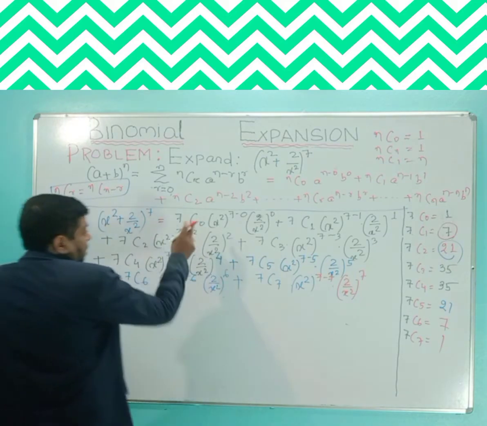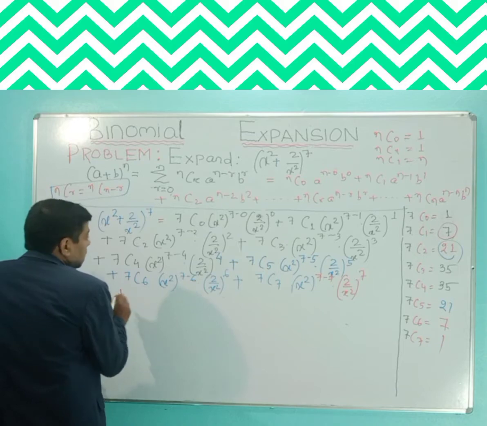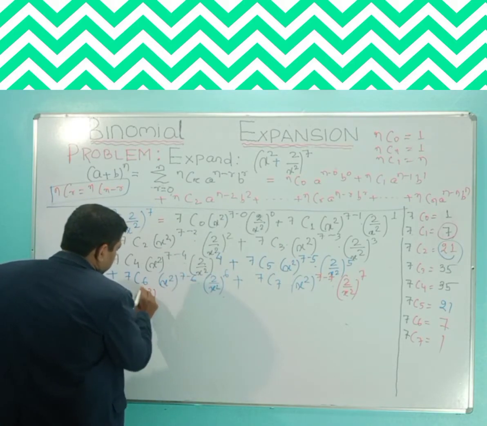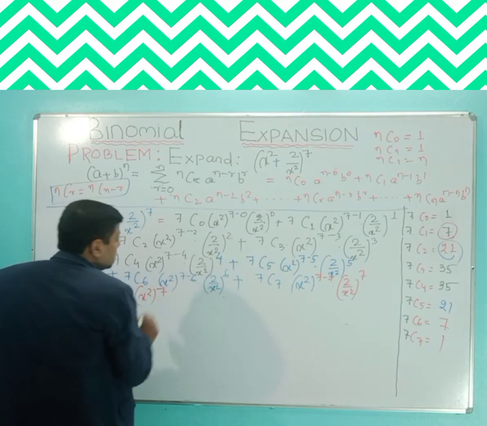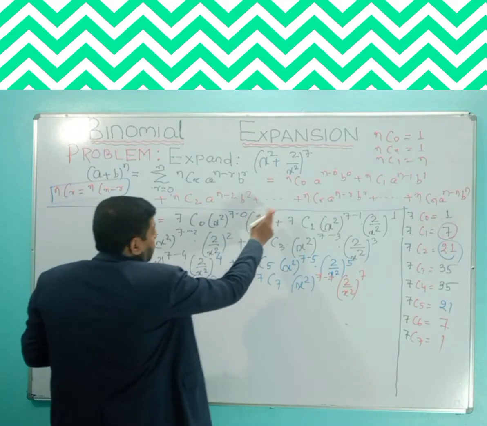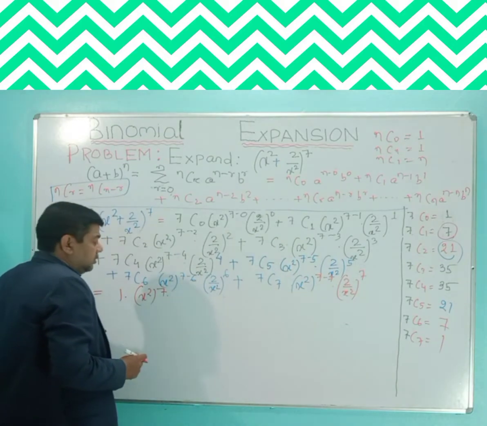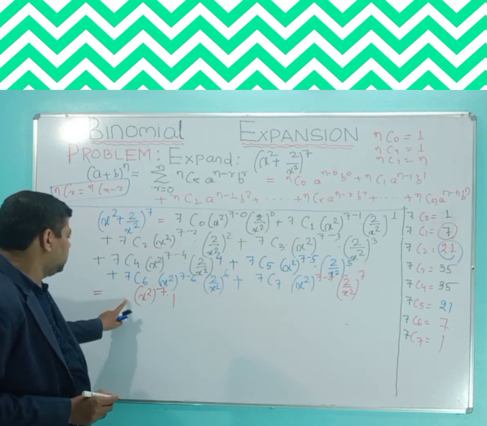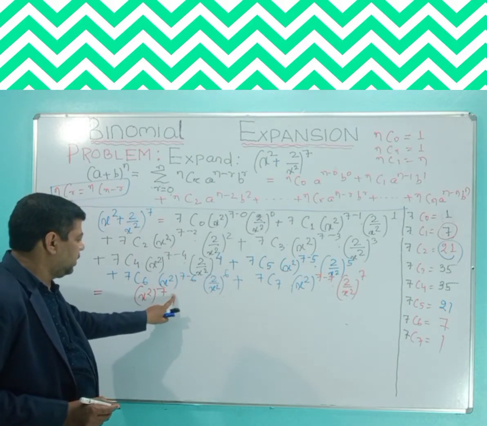In the binomial expression, the 7c0 value is 1, and x squared whole to the power 7 minus 0 is 7, into 2 upon x to the power 0, which is 1. Is it clear? So you can eliminate the multiplicative identity.